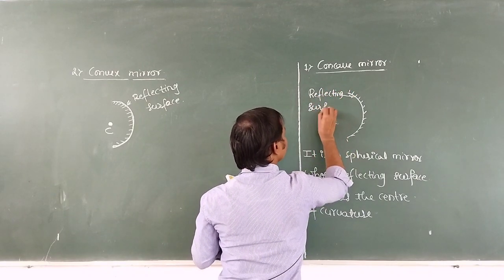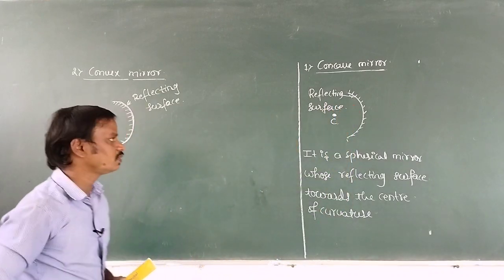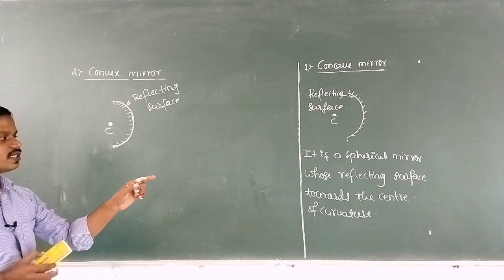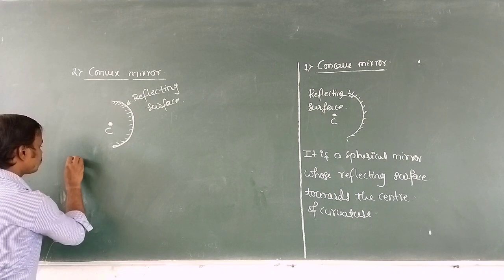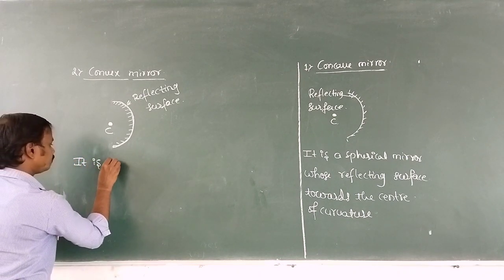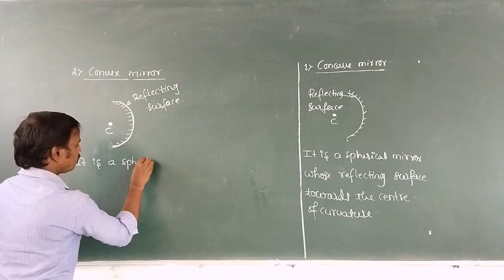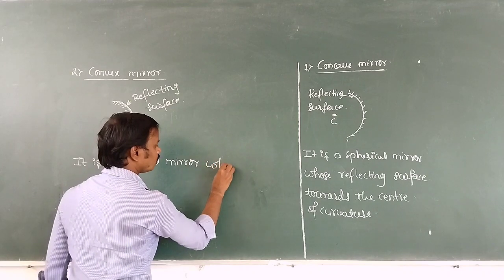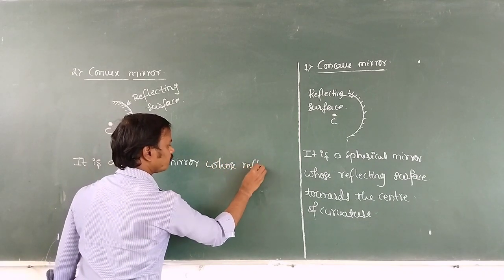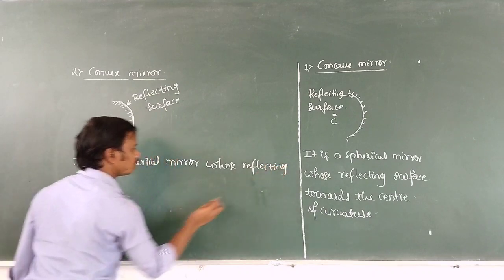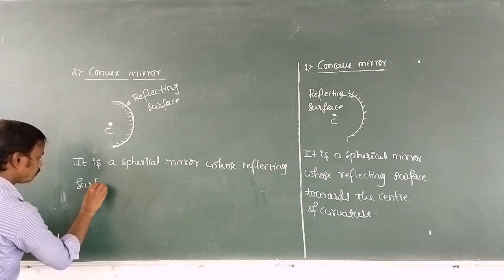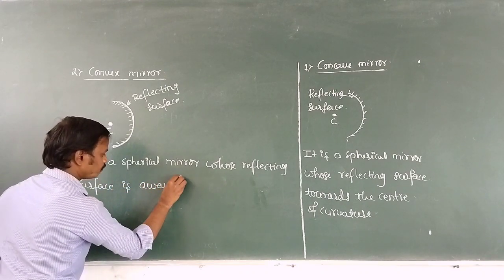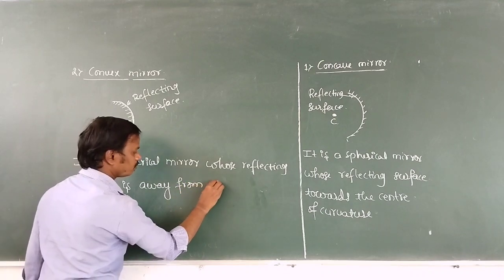It is the reflecting surface. Now see here, it is a spherical mirror whose reflecting surface is away from the center of curvature.